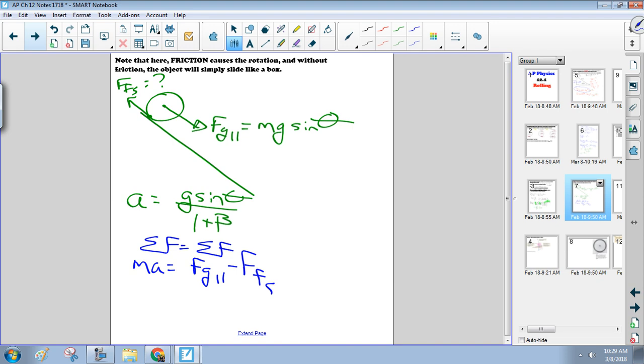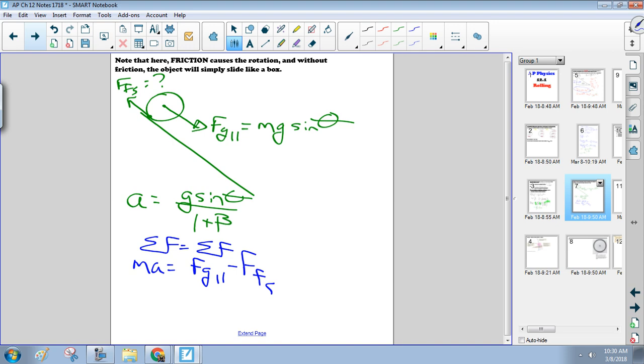If it's just sliding, then all of your GPE becomes regular KE, so you're purely converting energy of height to energy of motion. Whereas when it's rolling, some of the energy of height becomes motion and some of it becomes rotation. So that's the energy explanation.